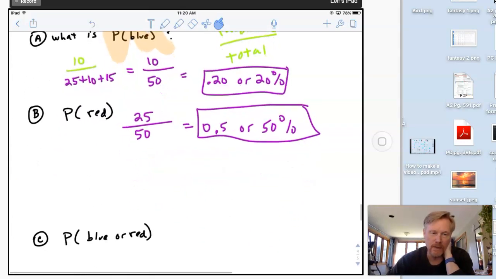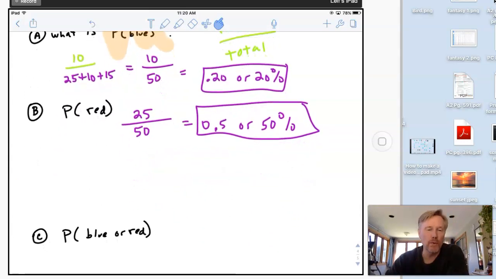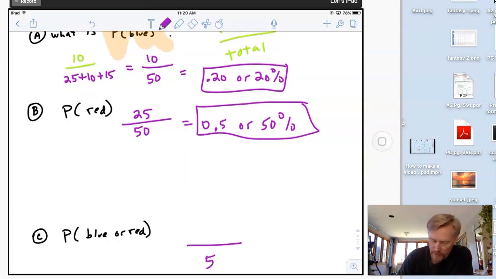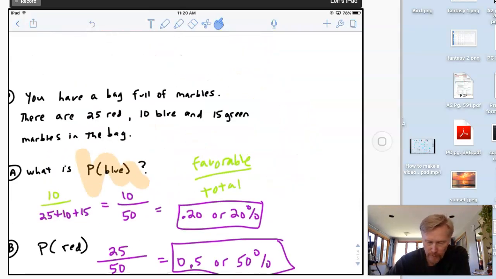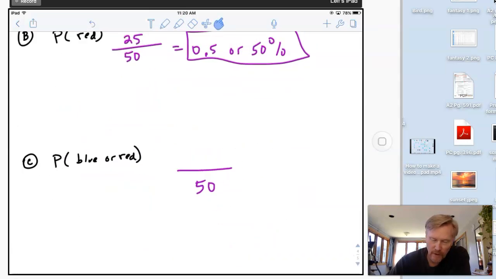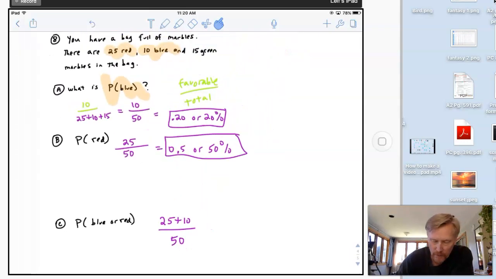And the last one, what's the probability of getting a blue or a red? So there are still 50 marbles in the bag, so that part doesn't change. However, blue or red, let's see, 25 red and 10 blue, which means it could be either, which means I'm going to add those two things together, okay?